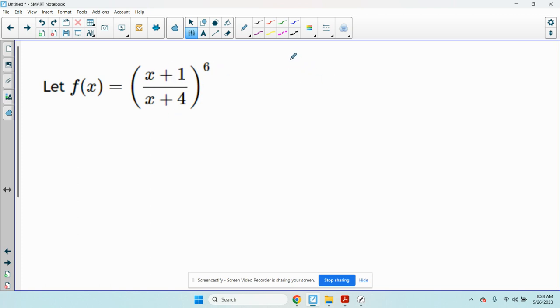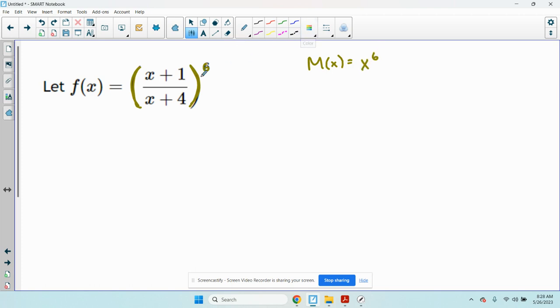So you can think of it like f of x. Well, let's look at it this way. The outer function is something being raised to the sixth power. So we can think of this as, I'll call it capital M of x. The outer function is x to the sixth.